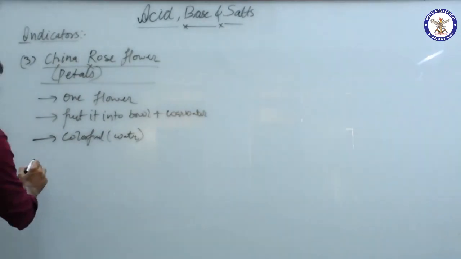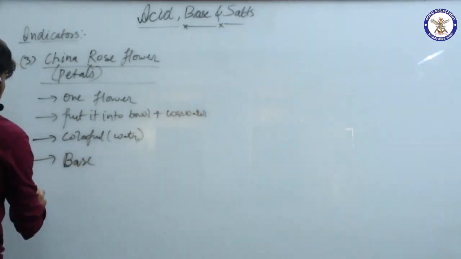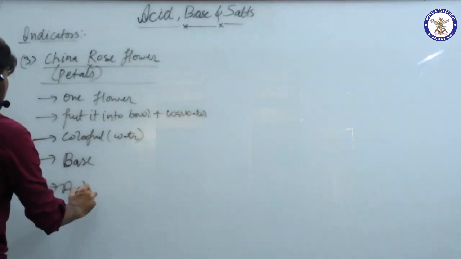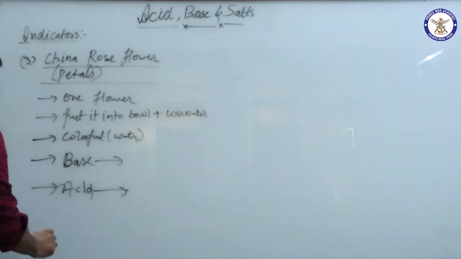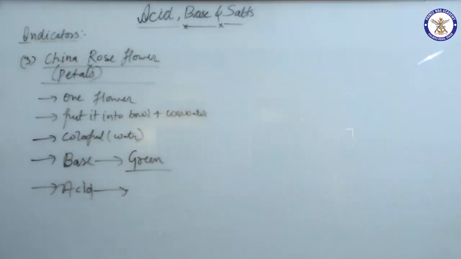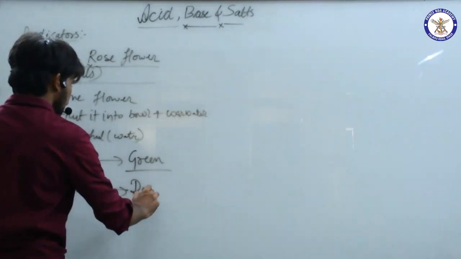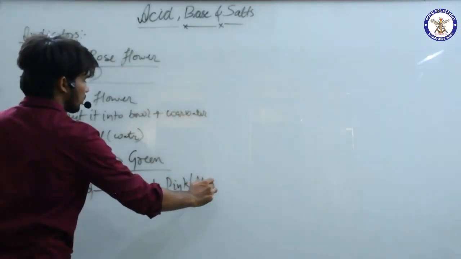Now if you put base in it and if you put acid in it, it changes its color. If it is base, it becomes green. And if you put acid, then it becomes dark pink, or I would say magenta.